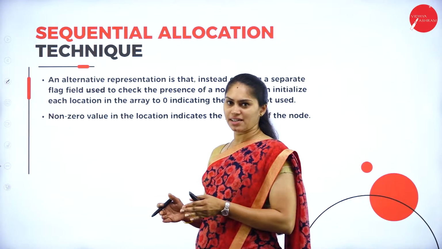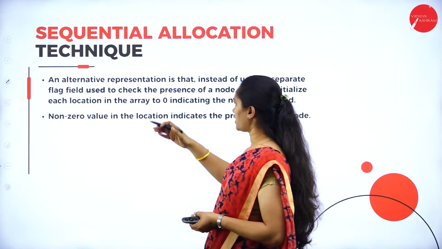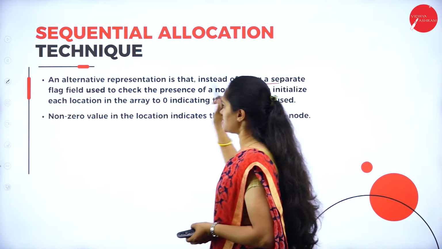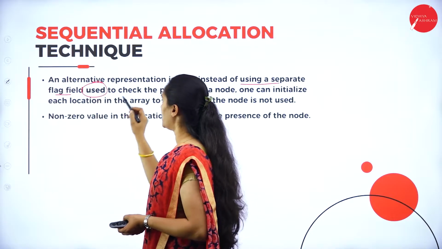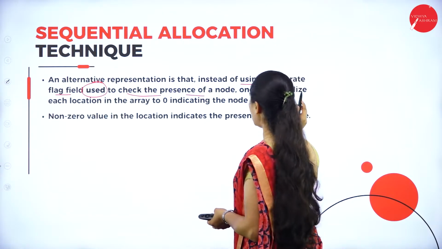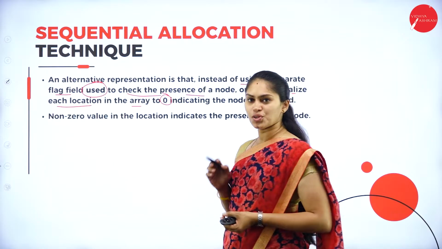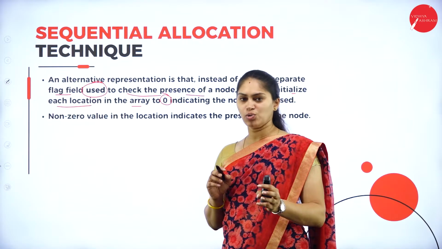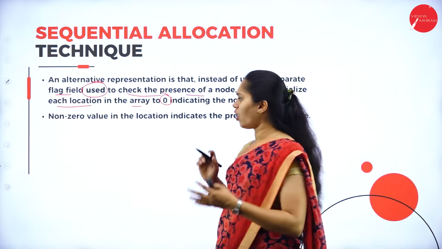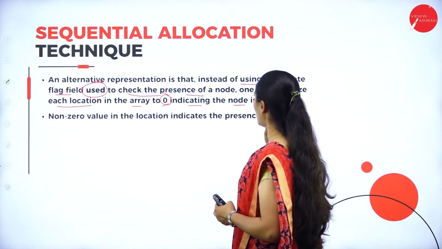And we have a second technique. Other than using this flag called used, we have one more technique here. Instead of using a separate flag field used in order to check the presence or absence of a node, we can initialize each location in the array to 0. So instead of having a flag used, we are initializing all the node locations as 0, indicating the node is not used.